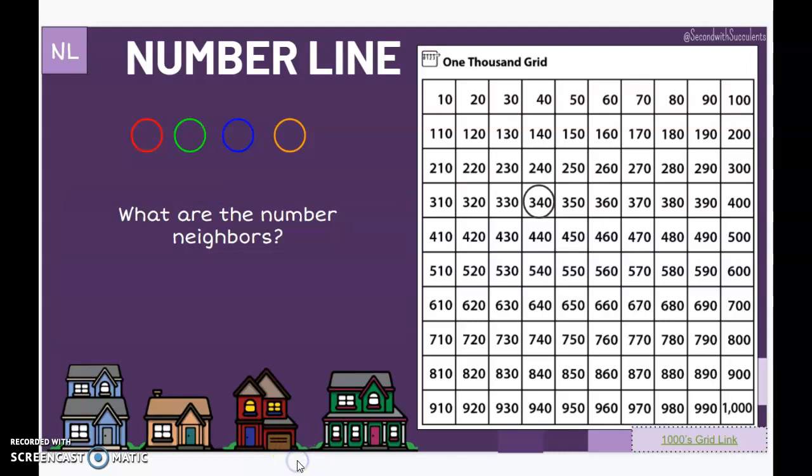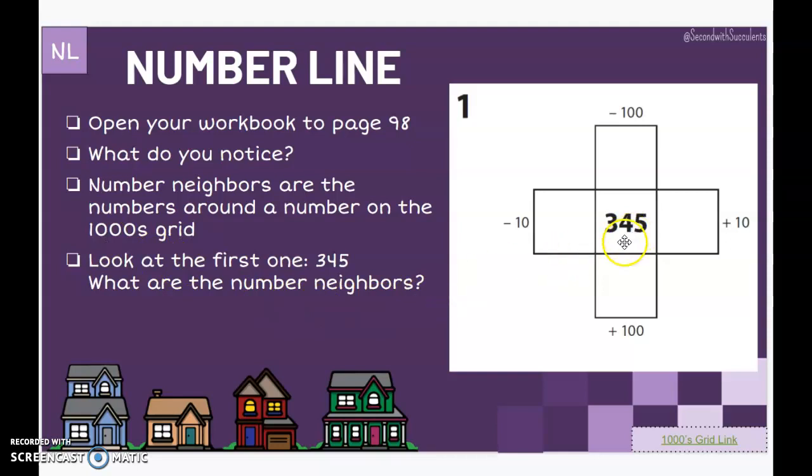Why could we use the number 340? What do you think? Now, you might have a few different reasons. The most important reason why we can use 340 is because it has a 4 in the tens place.